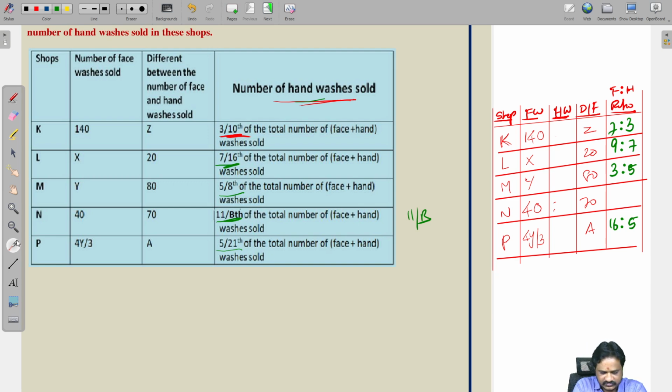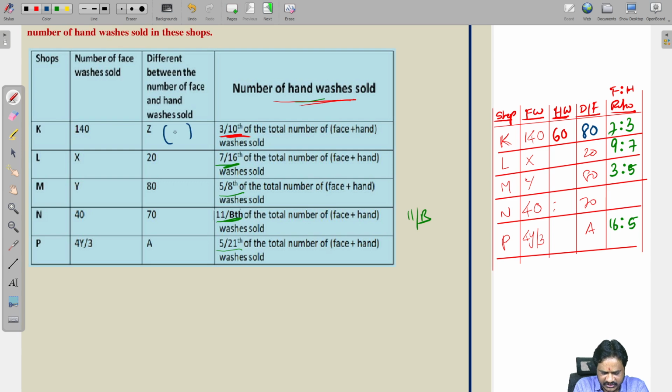Now, here, face wash to hand wash, face wash 140, face wash 7 parts. 7 parts is 140, therefore 1 part is 20, so hand wash is 60. 140 minus 60, the difference is 80. So, instead of Z, we can take 80. Z value is 80.